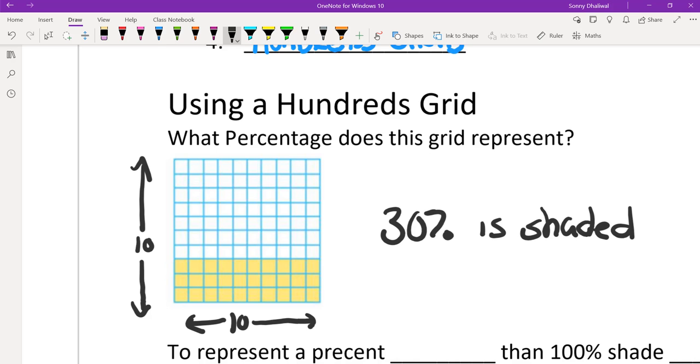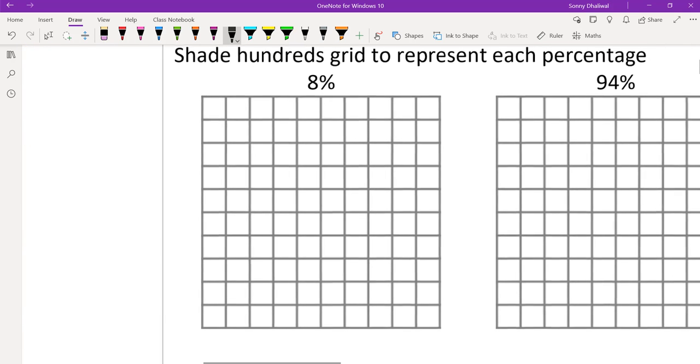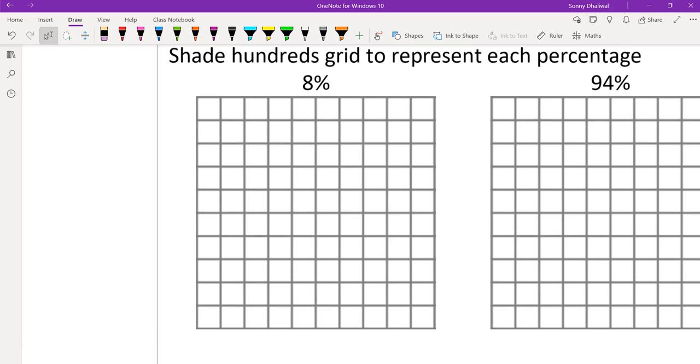Okay? So if we have a question over here and we want to represent this percentage as shaded in boxes over here, how many boxes would we shade in? 8. Right? And now I will typically just go like this.